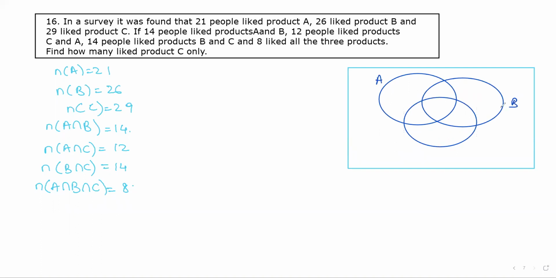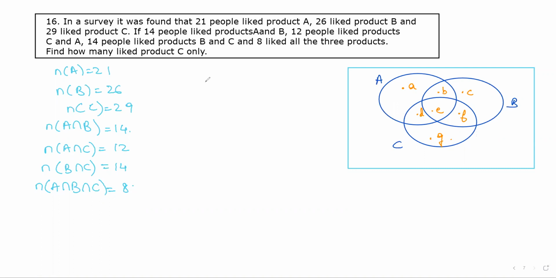A, B, C. Let's name these regions: this is small a, small b, small c, small d, small e, small f, small g.